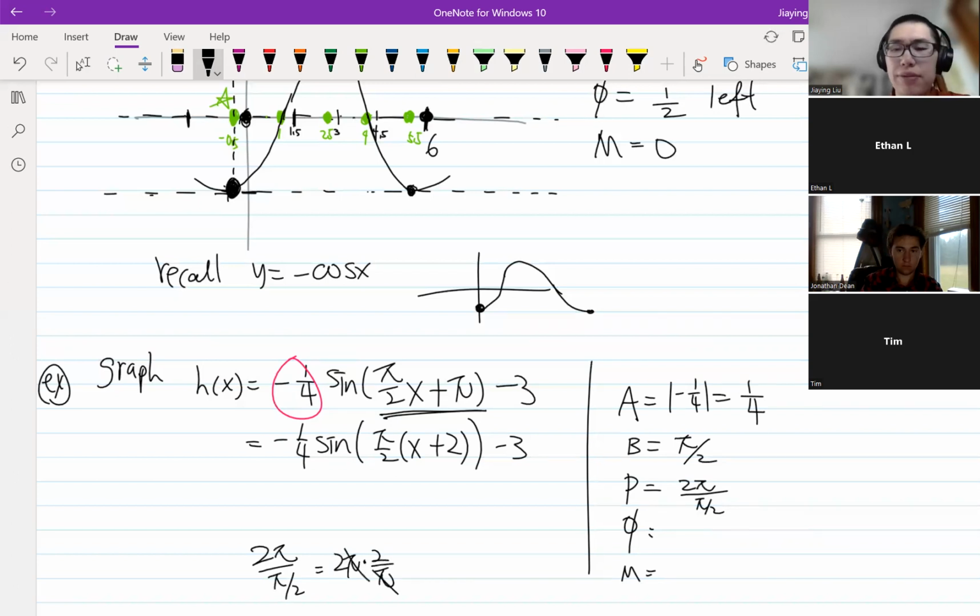Pi cancels, 2 times 2 is 4. And then the phase shift is 2 to the left. If we have addition, we move it to the left. The midline is going to be -3.